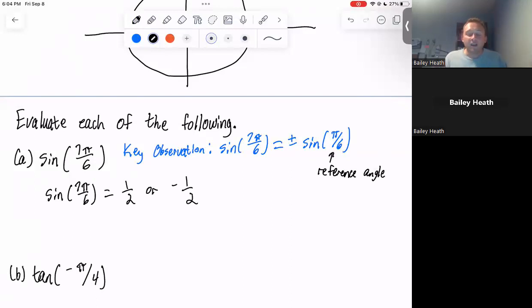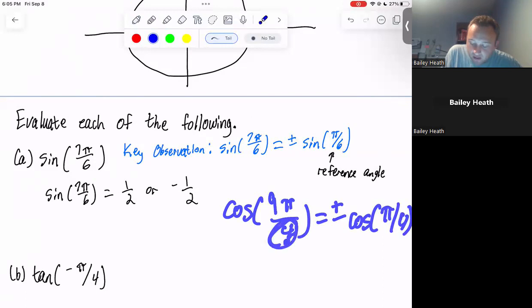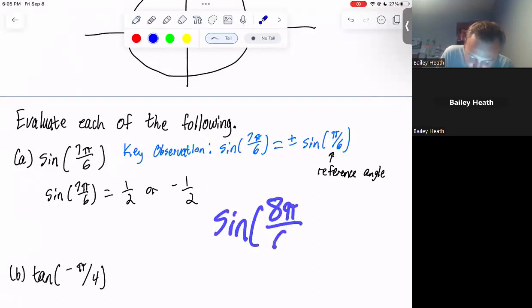Similarly, let's just say that we were given cosine of 9 pi over 4. That would be plus or minus cosine of just regular pi over 4 because of that over 4 down here. These are both over 4s. Now, you do have to be a little bit careful with this. For example, if you were given sine of 8 pi over 6, your instinct might be, oh, so then we're going to use pi over 6 as our reference angle, just like we're doing in this example here.